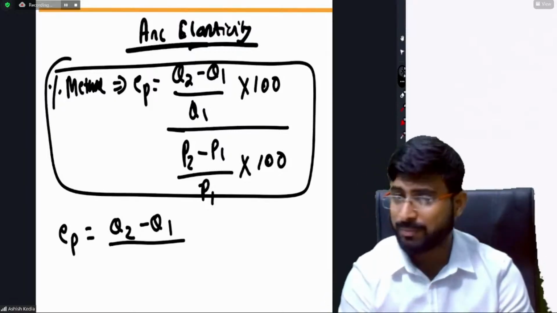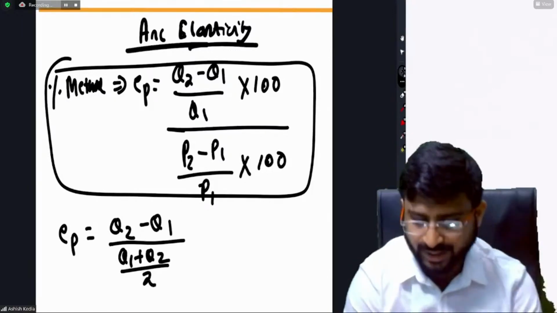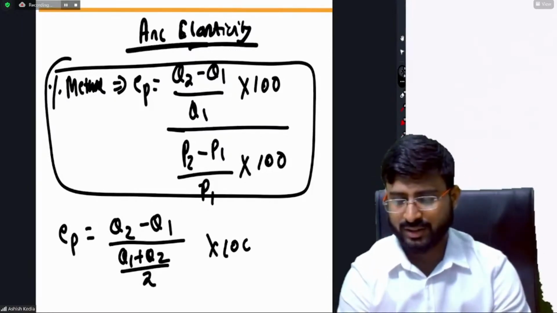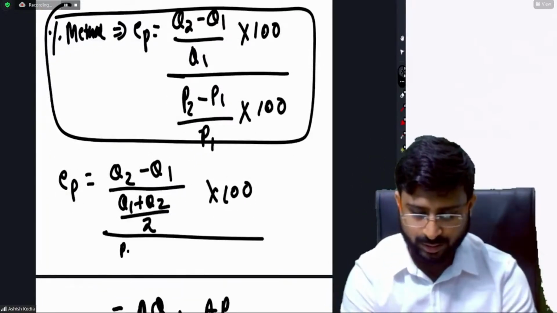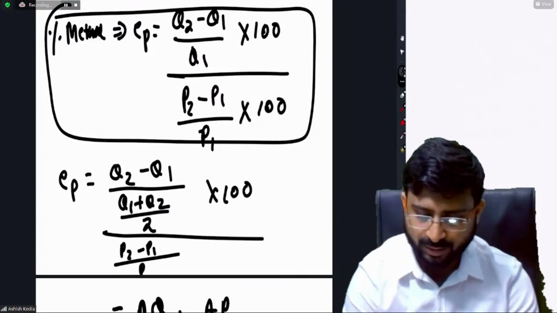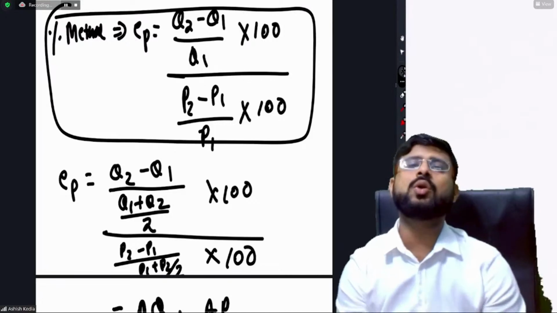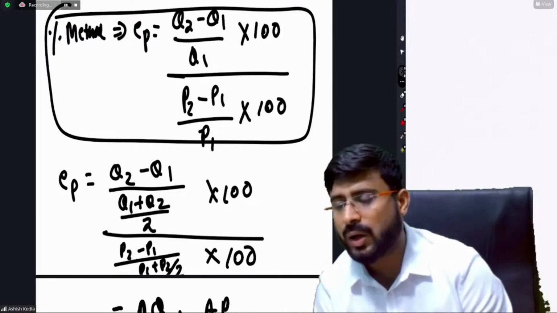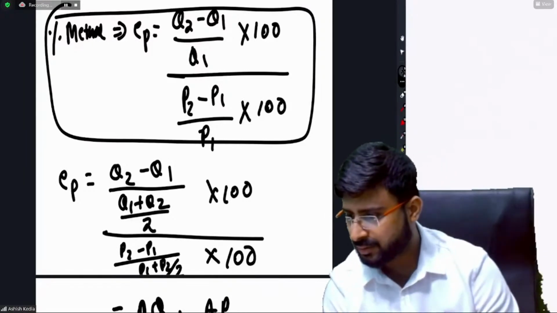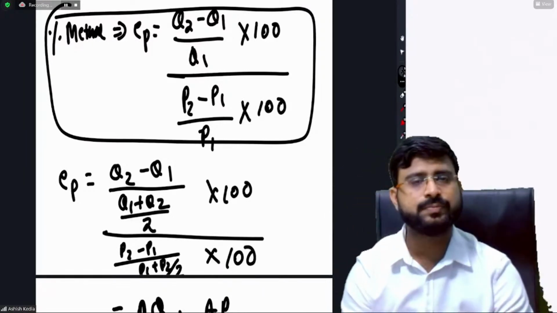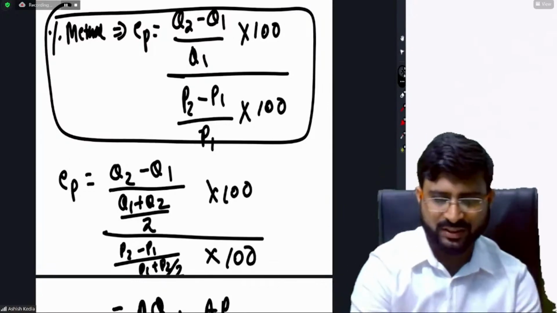So Q2 minus Q1 by average quantity. Similarly, for percentage change in price, change in price by average price into 100. Hopefully it's crystal clear.